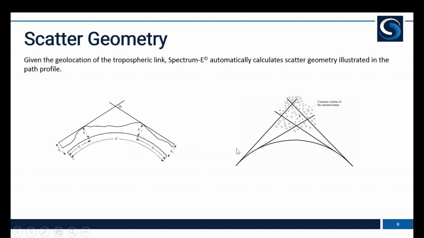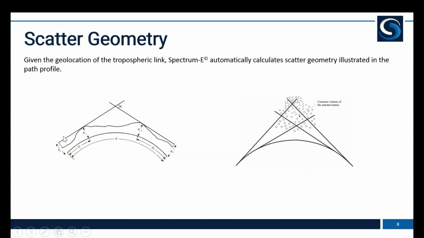Now, I keep speaking a lot about the common volume, and as you can see, the distance of the links and so forth. And there's a reason for that, because that is very, very important for tropolinks. The geometry is more complex than it is for regular microwave links or other point-to-point technologies that are based on line of sight.